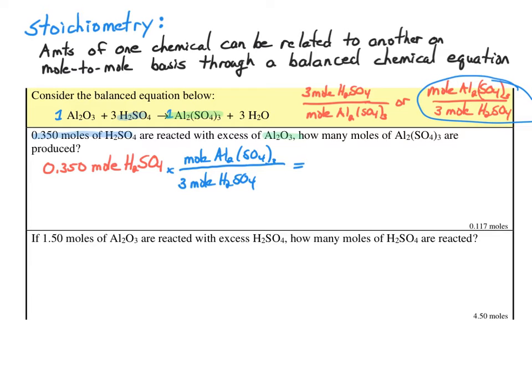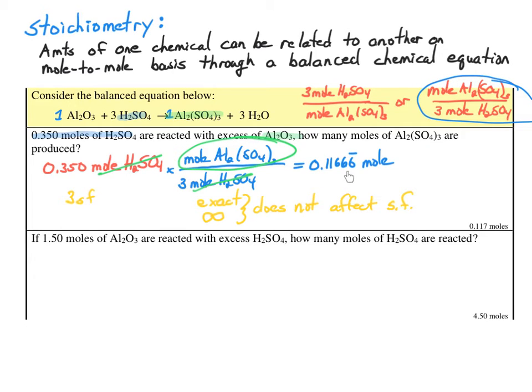In this way, we see that our units of moles of sulfuric acid cancel out, and we end up with moles of aluminum sulfate. So we get our calculator answer. Now we worry about sig figs. 3 sig figs in this measured number. This number is exact.